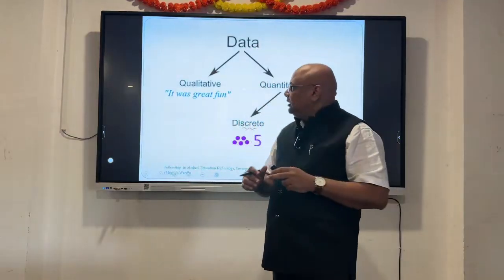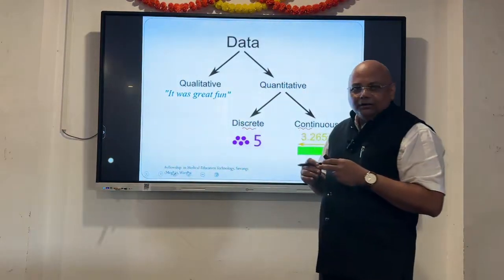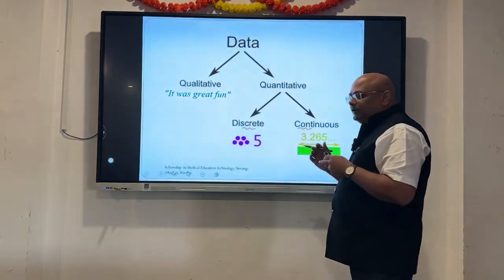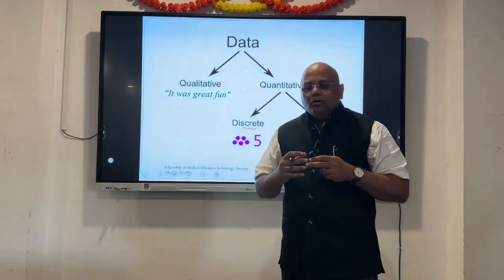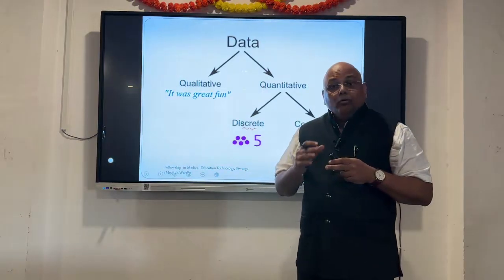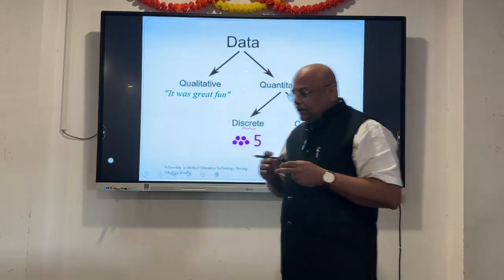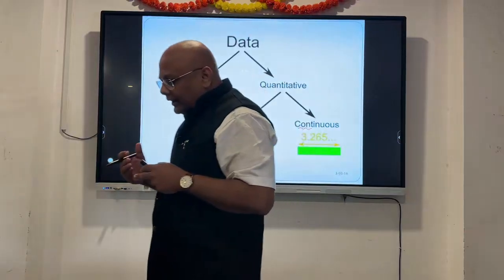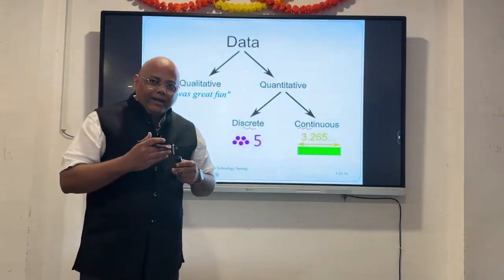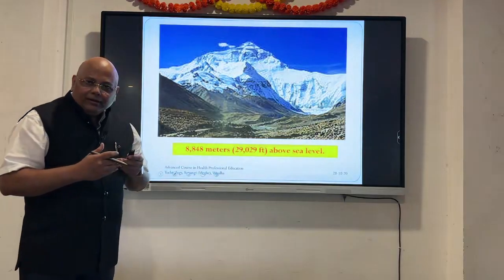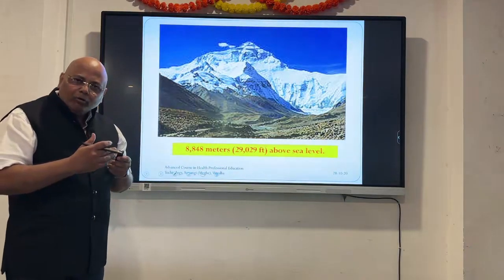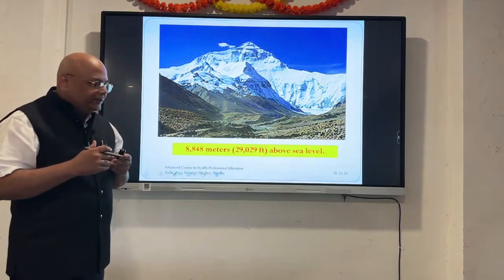Maybe our research is dealing solely with qualitative data or solely with quantitative data, or there is a mixture of the data with us. Both can be analyzed. There are different methods for analyzing the qualitative and the quantitative data. We will have one more example to understand it better.